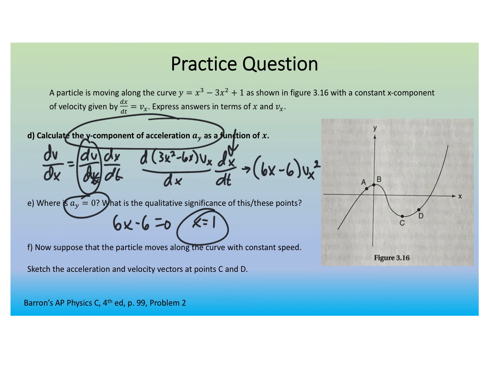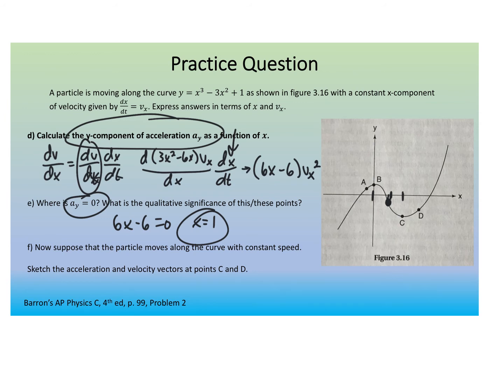So what's the significance about this? What does this matter? Well, look at your graph. We had x equals 0, here's x equals 1, here's x equals 2. X equals 1 is where we change concavity. We go from being concave down to concave up. And so our acceleration has changed direction, essentially. Instead of curving downward, x equals 1 is where it changes to start curving upward.